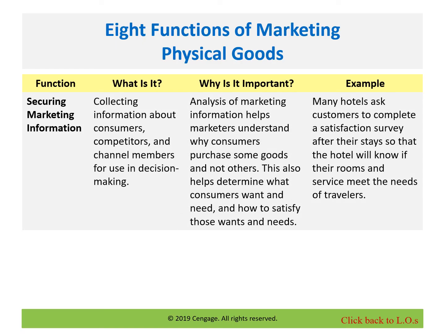Securing marketing information involves collecting information about consumers, competitors, and channel members for use in decision making. Analysis of marketing information helps marketers understand why consumers purchase some goods and not others. This also helps determine what consumers want and need and how to satisfy those wants and needs.